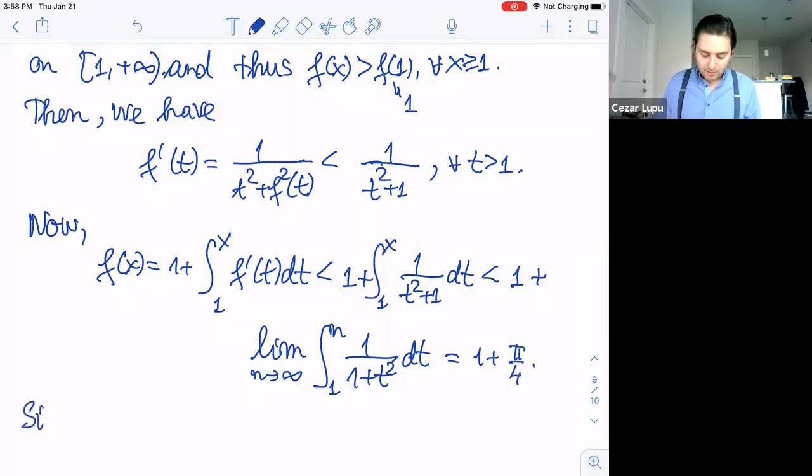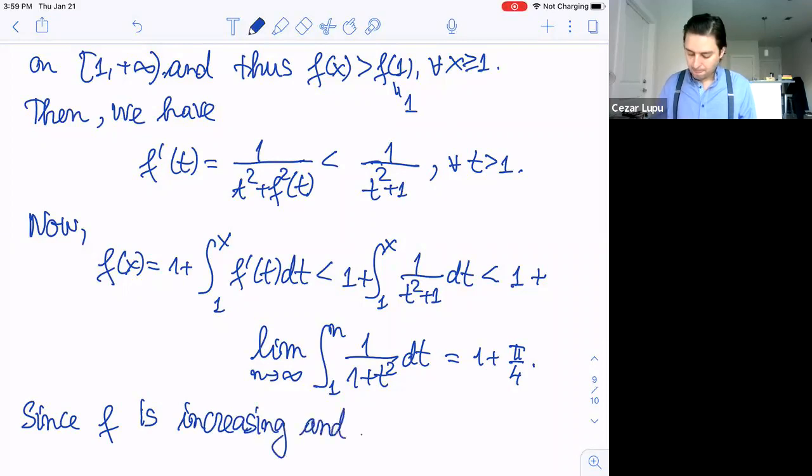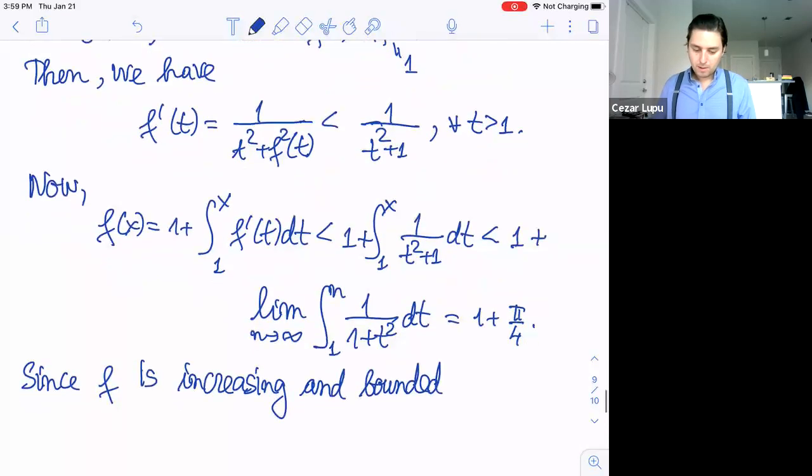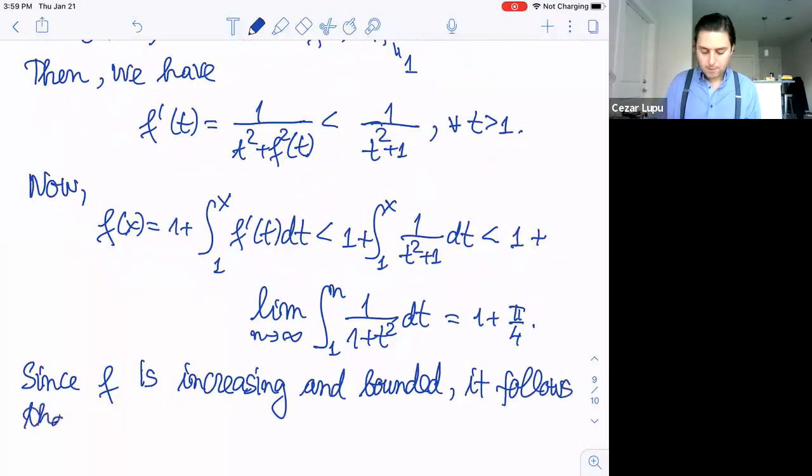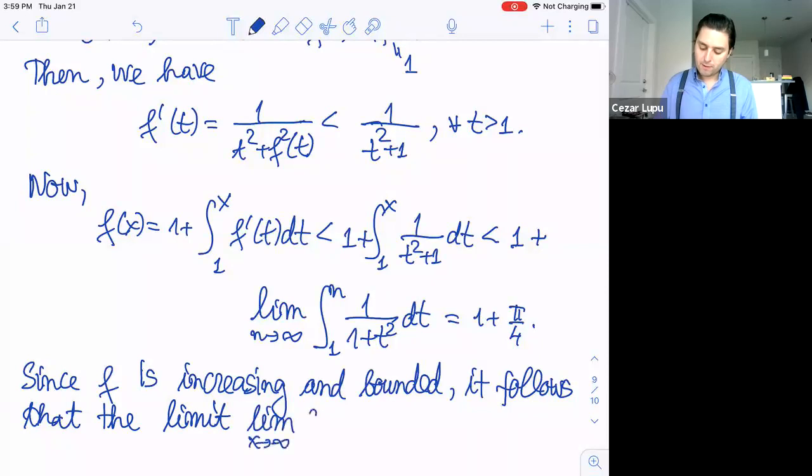Well, since f is increasing and bounded, it follows that the limit as x approaches infinity of f of x exists.